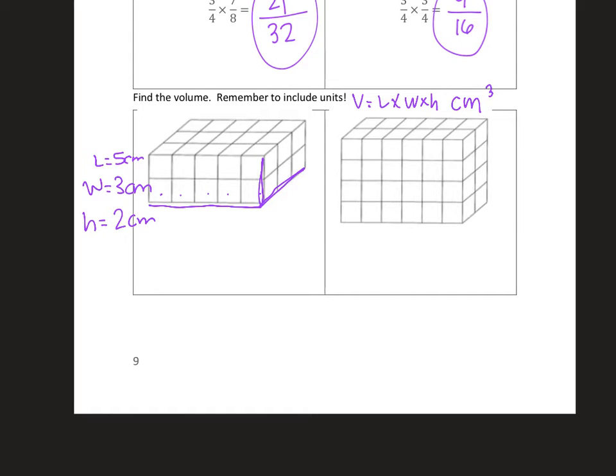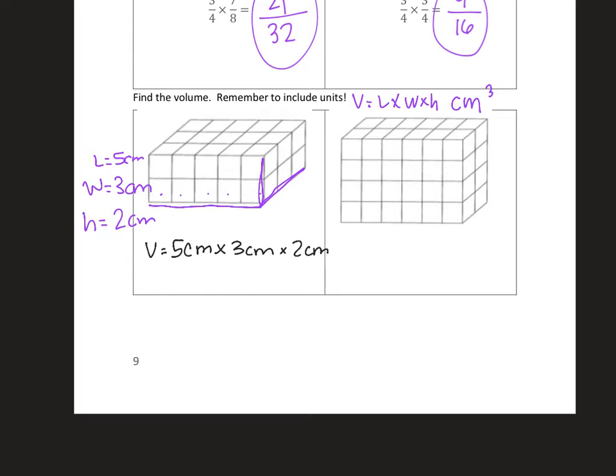Okay, if I plug that into the volume formula, V equals 5 centimeters, I'm including those units, times 3 centimeters times 2 centimeters. Okay, go ahead and solve.